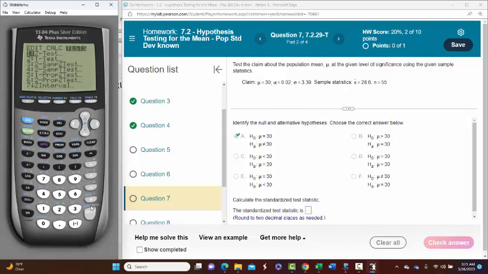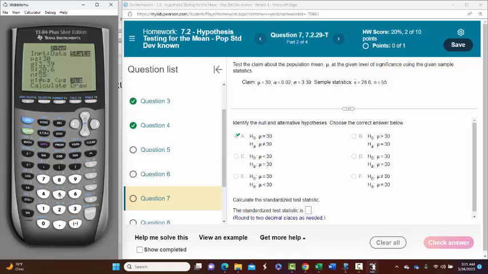Okay, stats. We're testing against 30. Standard deviation 3.39. Sample mean 28.6. N is 55.